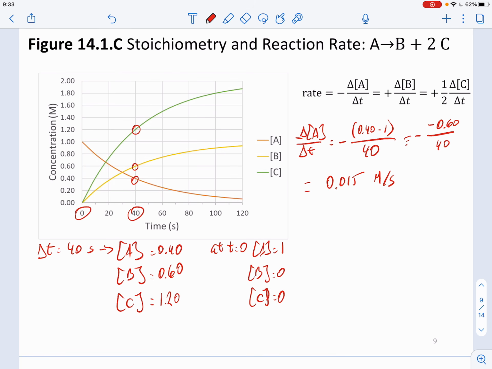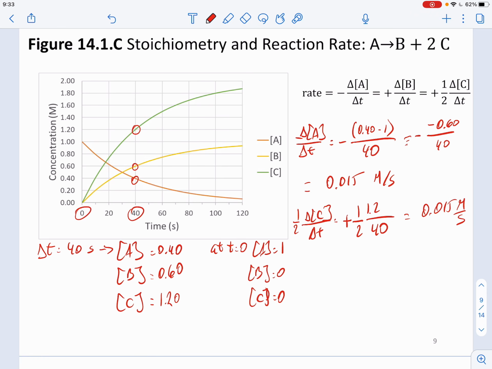Now, what if we pick C, for example? 1/2 delta C over delta T is going to be equal to plus 1/2 times 1.2 over 40, which is pretty much 0.6 divided by 40, and it's 0.015 molar per second.